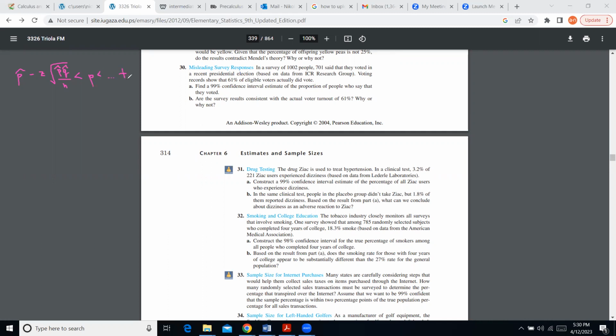So I did the other side and asked you to take a look at the proportion on the left side. So P with a hat, I believe it was problem 31, was 0.032. Its complement, which is 1 minus P, happened to be equal to 0.968, right?